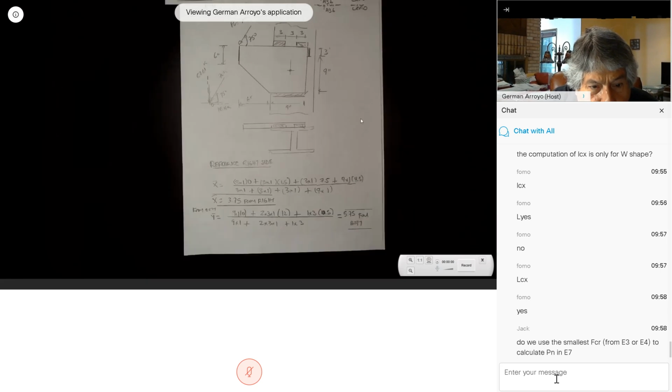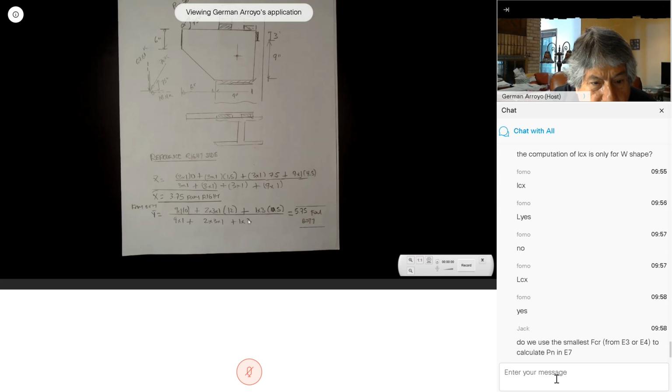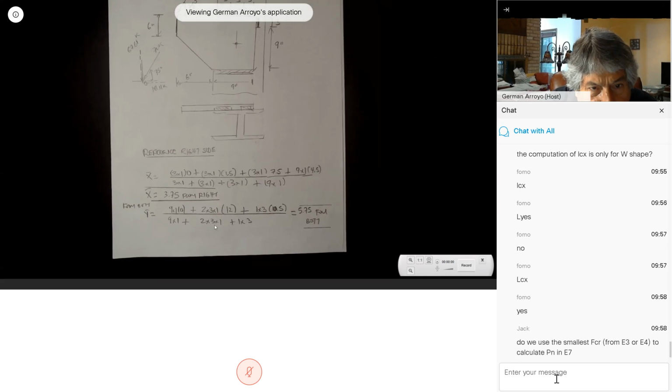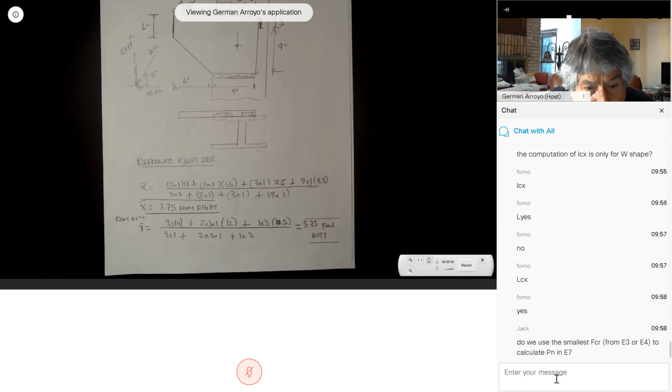So to find the y, you can see I'm using the bottom as a reference. So I had 9 times 1 times 0 because it's a line. Summation area, this goes at the bottom. After that, using these two here on the top, 2 times 3 times 1. This distance from here all the way to the centroid, that is this line, is 9 plus 3, 12. 2 times 3 times 1 times 12, because this distance to the line is 12. Two of them here at the bottom because I measured the area.